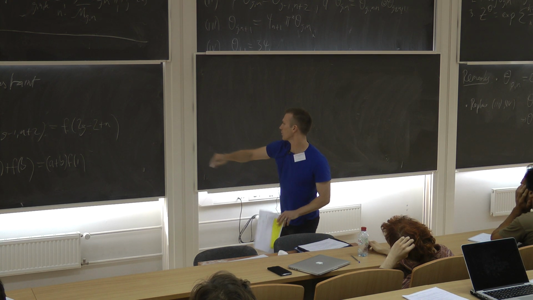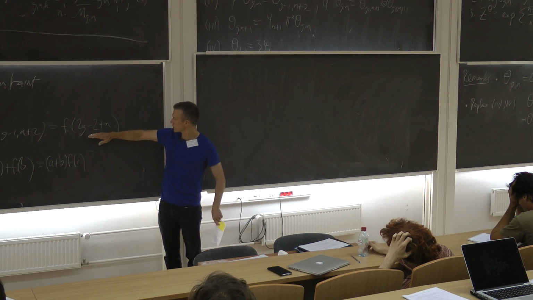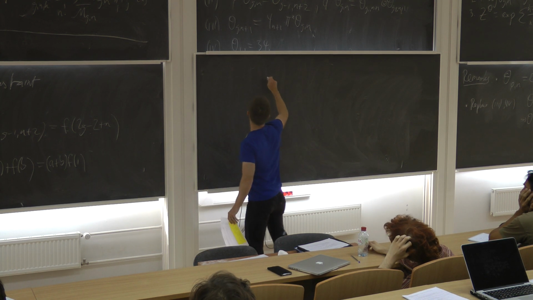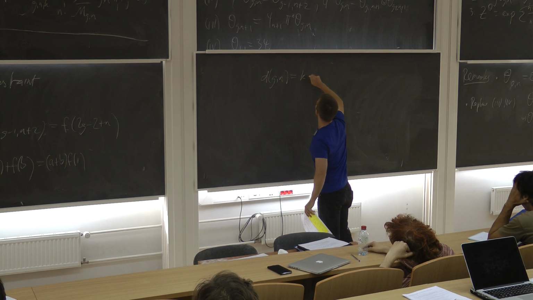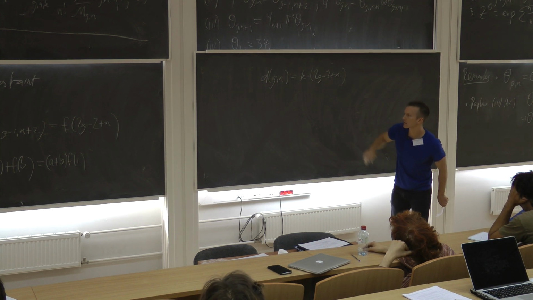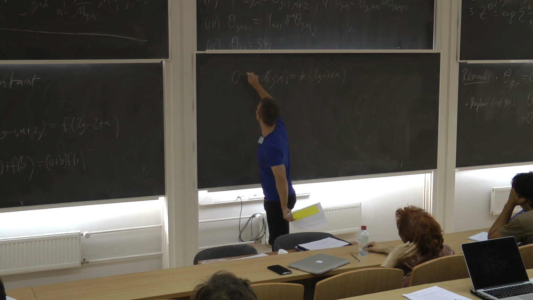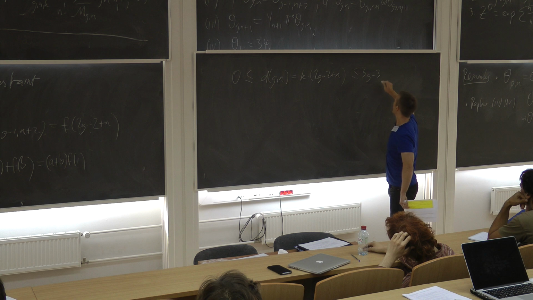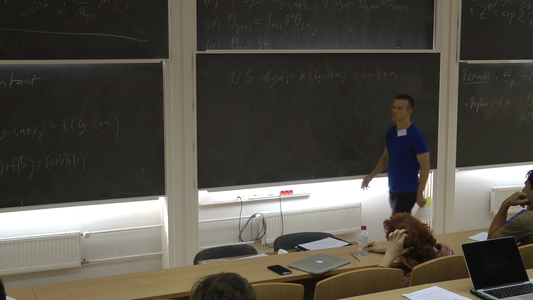So what we got from this, so d of g,n is a function of 2g minus 2 plus n, which is 2g minus 2 plus n times f of 1. So we get that d_g(n) is equal to k times 2g minus 2 plus n, where this k is standing for f of 1. And now the dimension of the moduli space implies that k needs to be 0 or 1.